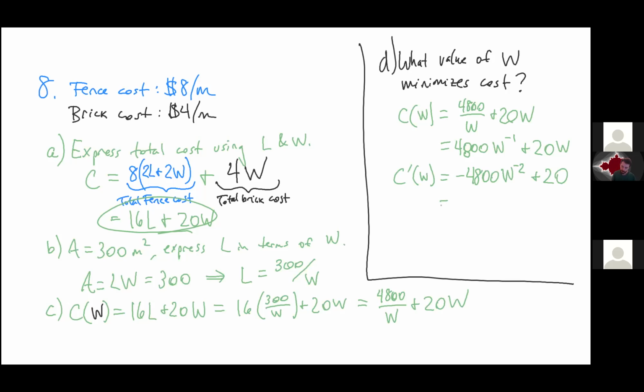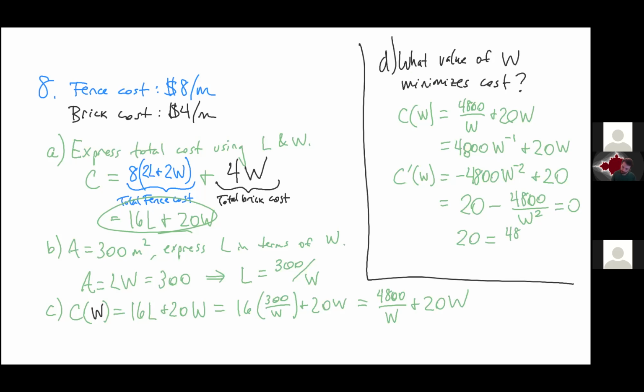Okay, and I'm going to go ahead and write this in a nicer form. Sometimes I don't like my negatives out front, so I'll put the 20 out front and say 20 minus 4,800 W to the -2. Of course, W to the -2, I could just put in the denominator as W squared. That's a little nicer to look at. And if we want to minimize this thing, we want to find where the derivative is equal to 0. So let's do that.